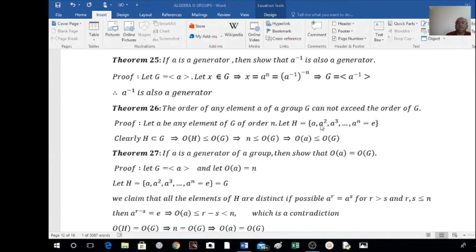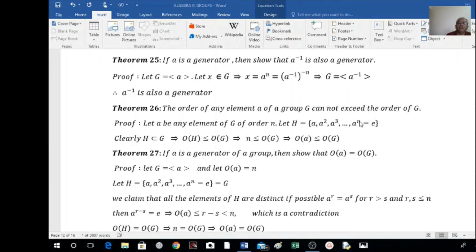No two elements are repeated here because n is the least positive integer such that A raised to n equals E. So the order of A is n, therefore the order of this set is also n. And as H is a subset of G, the number of elements in H must be less than or equal to the number of elements in G. That is, order of H is less than or equal to order of G. What is the order of H?